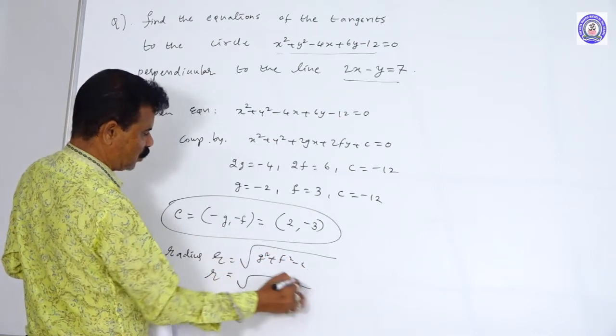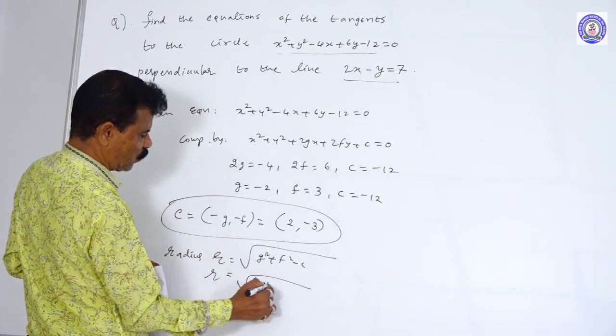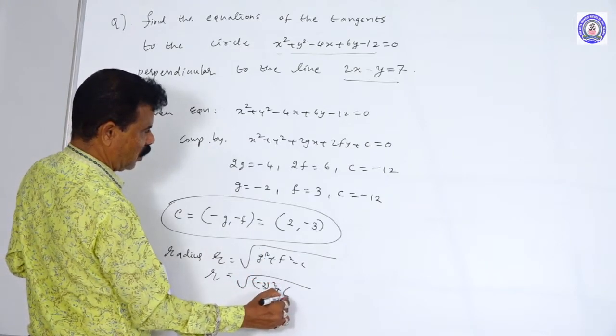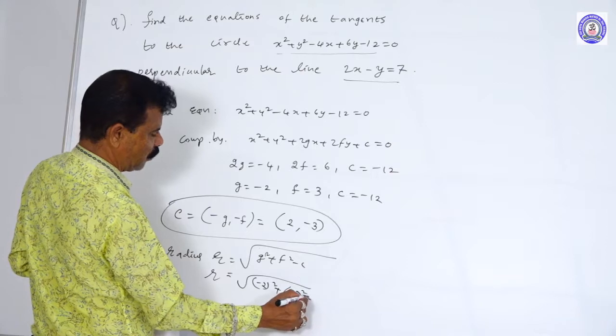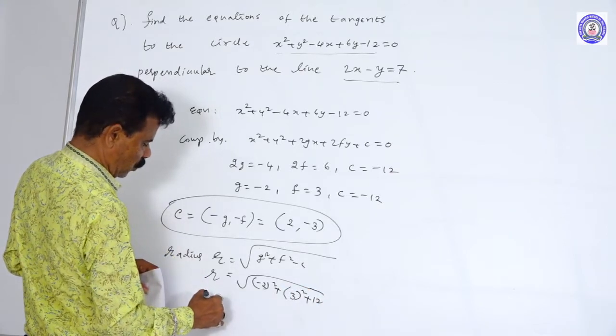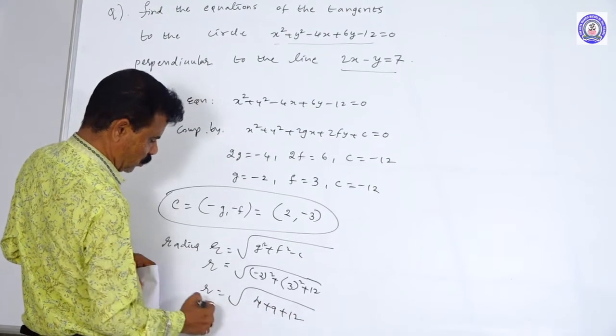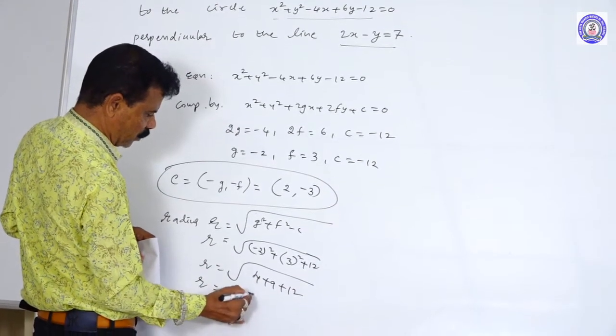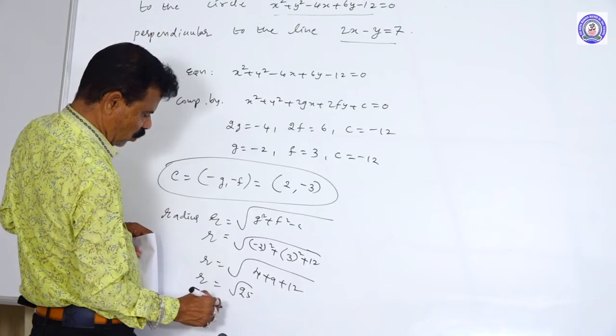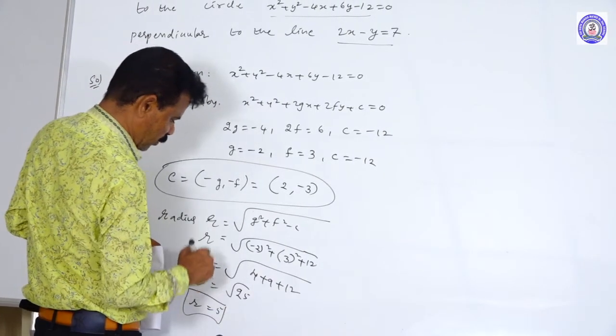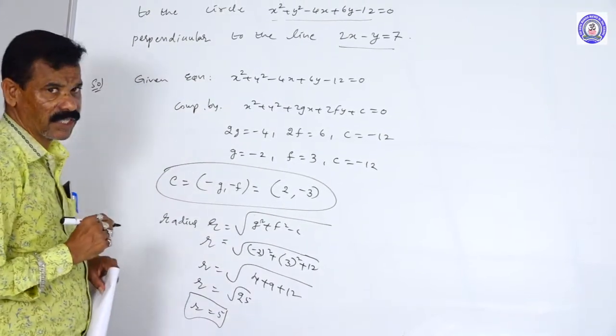So r = √((−2)² + 3² + 12), that is 4, 9, 12. So r = √25, r = 5. Center and radius for this given circle.